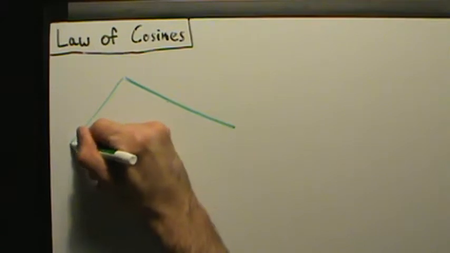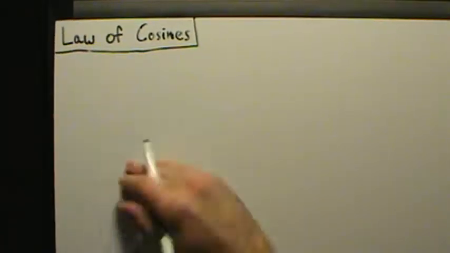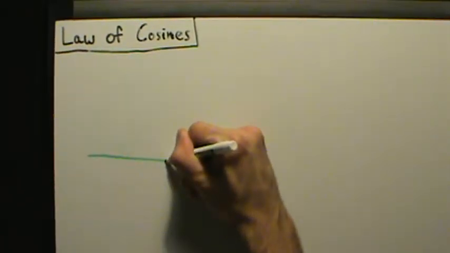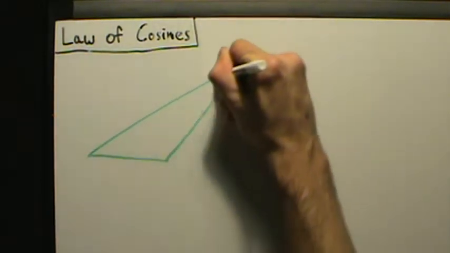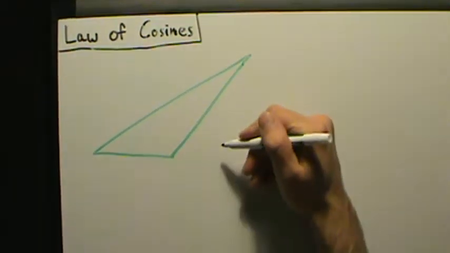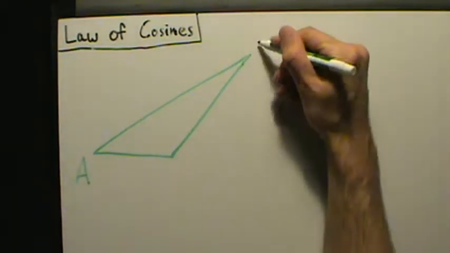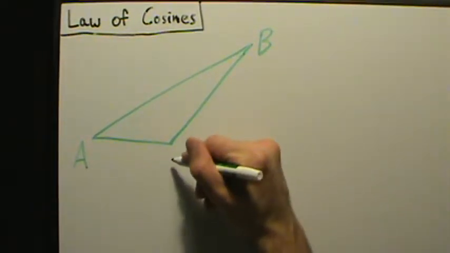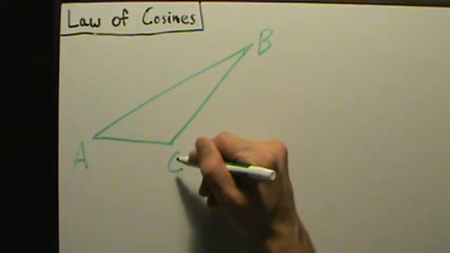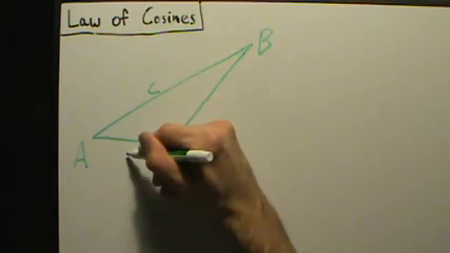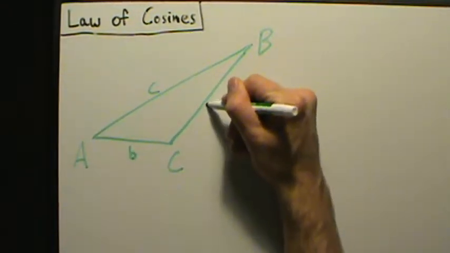Actually, let's not draw it like that. Sorry, let's draw it like this. Okay, so this will be angle A, this is angle B, and this will be angle C. So this is side C, this is side little b, this is side little a.